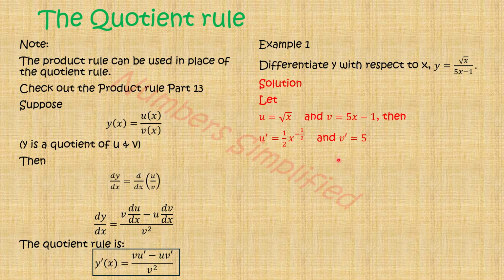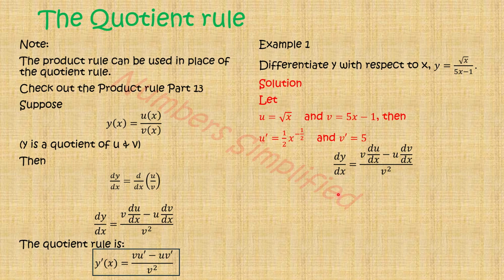Then the first derivative of u is given to be half times x to the power minus half, and v prime is 5.